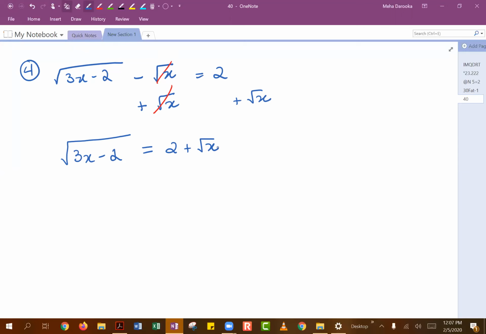We've got the square root of 3x minus 2, which means we are now ready to square both sides of our equation. It will work on the left-hand side because my square root and the square will cancel out, leaving us behind with 3x minus 2. But this is going to be the same thing on the right-hand side.